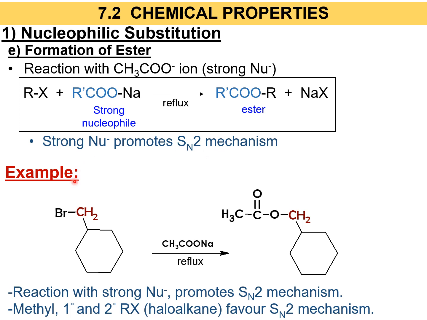For example, if let's say you ada this kind of haloalkane, so what is the class for this haloalkane? This carbon is only attached to only one carbon, therefore this will be a primary haloalkane. Okay, and then dia guna dengan strong nucleophile such as CH3COONa. So what happened here, we will replace this Br dengan CH3COO.